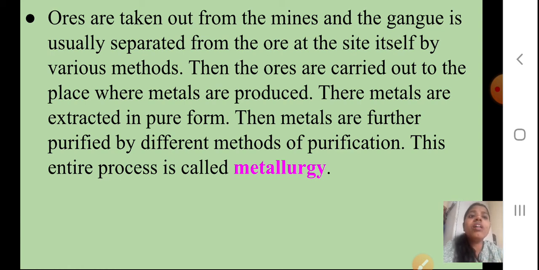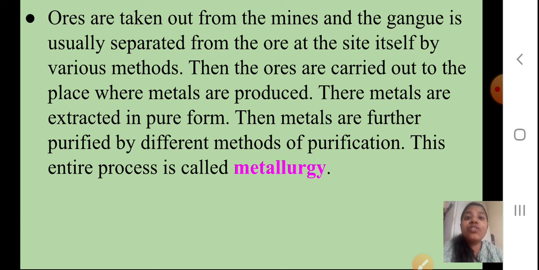To extract the metal in pure form, different processes are done on that ore, washing it properly to remove the remaining gangue particles, and then some reactions are done upon it, so that you can get the pure form of the metal which you need.